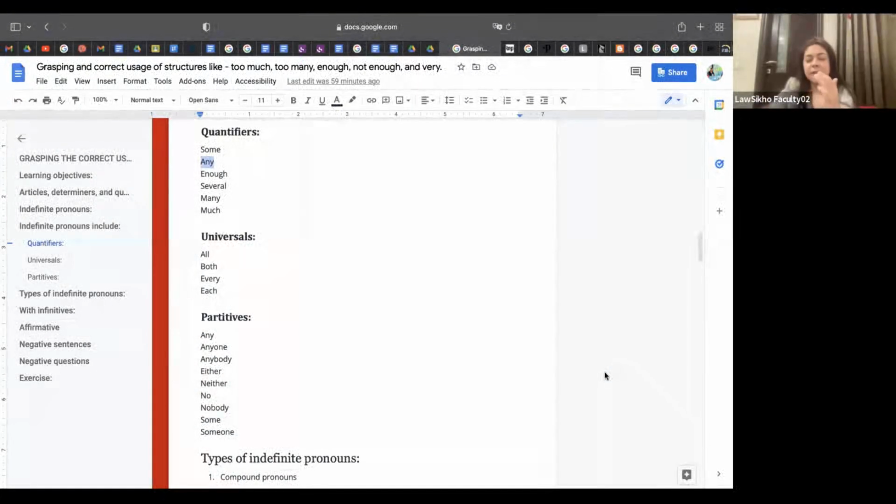Let me give you another example. I think someone writes a letter to me every month. Someone writes, he writes a letter to me every month. So whichever verb form in present tense you're using for he, she, it, you will use the same for someone, not any other verb form. Always third person singular will be used.